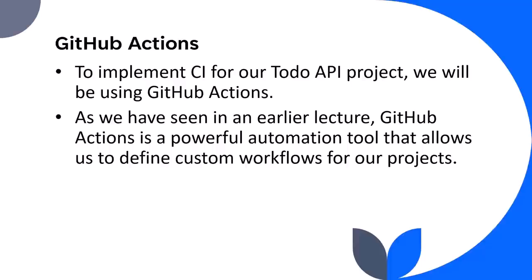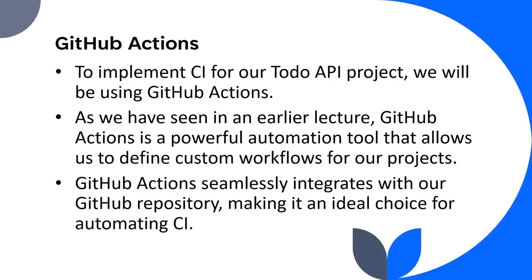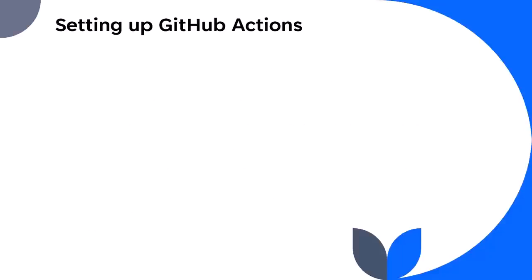Like we have seen in the lecture about the website checker and how the GitHub Actions workflow is built, automated, and builds the application and restores the dependencies. So we'll extend it further. GitHub Actions seamlessly integrates with our GitHub repository, making it an ideal choice for automating CI, which we have already seen.